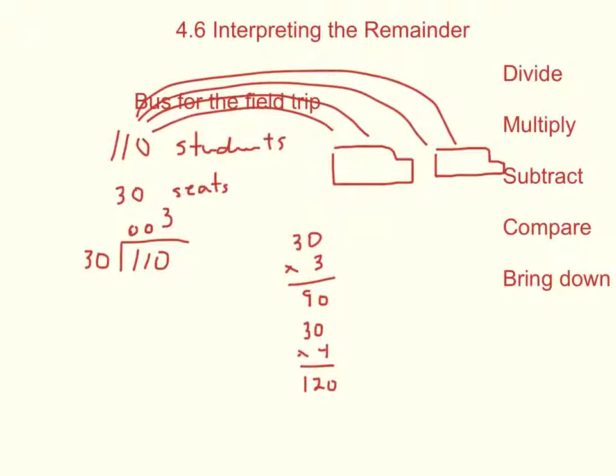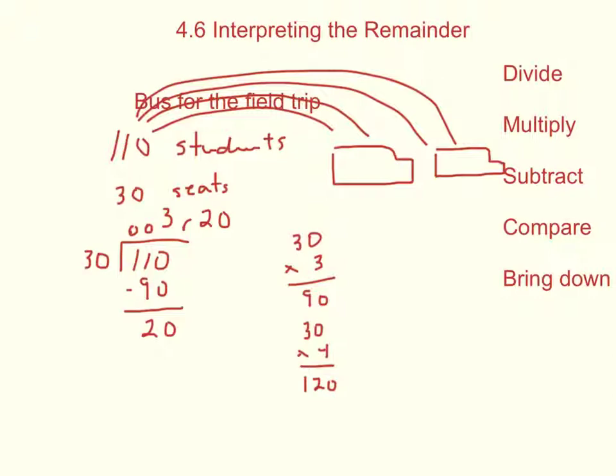So 110 divided by 30 is 3. 3 times 30 is 90. If we subtract, we'll get 20. 20 is less than 30. And there's no more to bring down, so we're going to have 3 remainder of 20.